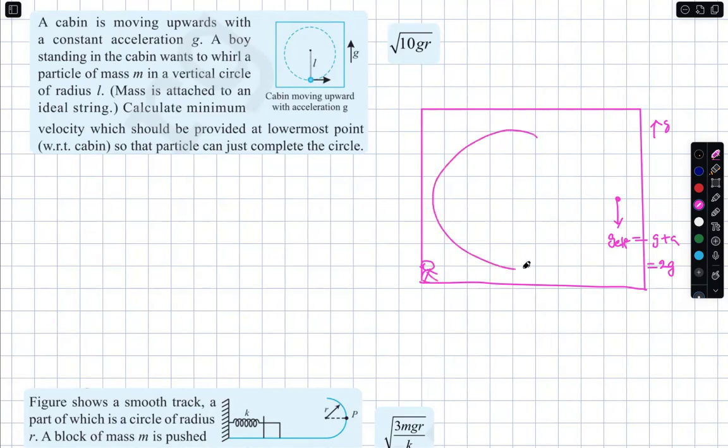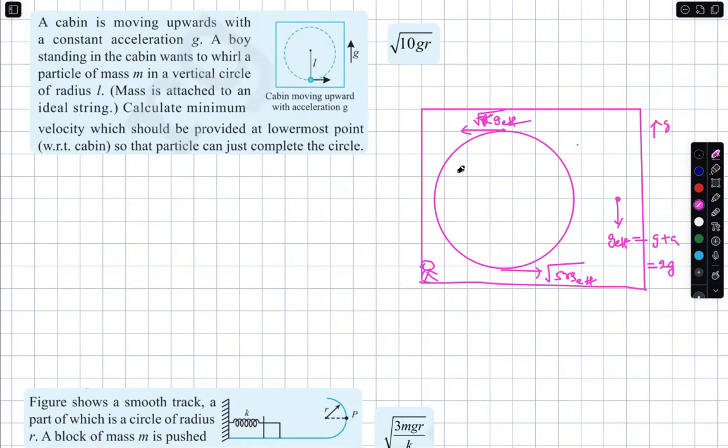In circular motion, the minimum velocity at the lowest point is root 5 r g effective, which is root 10 rg. What is the velocity at the top? Root 2 rg.